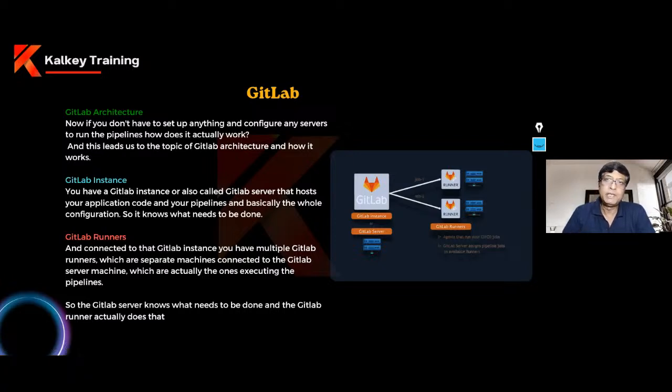In many companies, they don't want to use the shared runners, because shared runners can have a performance impact, or even now and then can go down, because you are not the only one sharing that runner. There are millions of people who may be using the same runner at the same time.